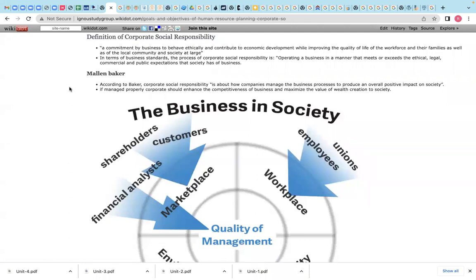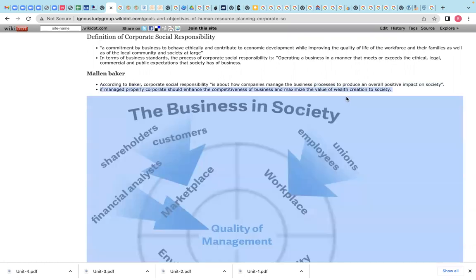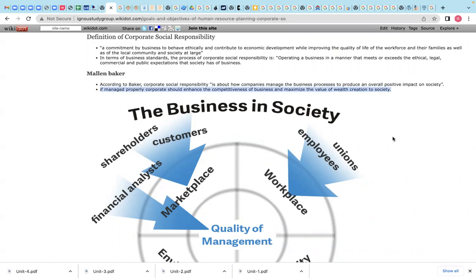Some Malan Becker, he actually came up with a large framework, or rather a concept, to showcase the impact that business and society are having on each other. There is actually an ecosystem there, right? So we'll talk about that particular framework.